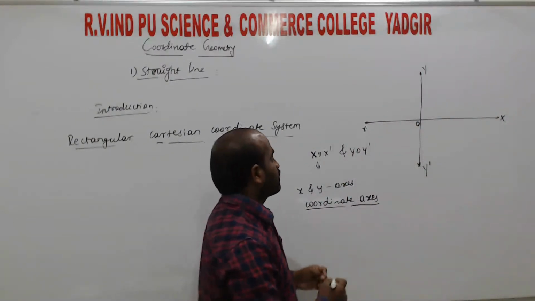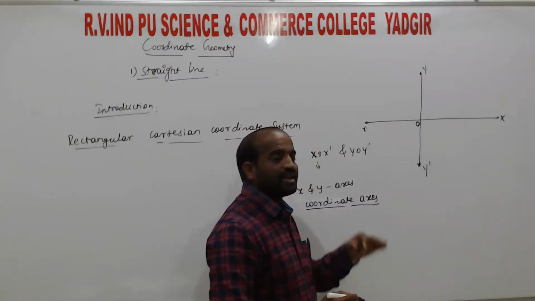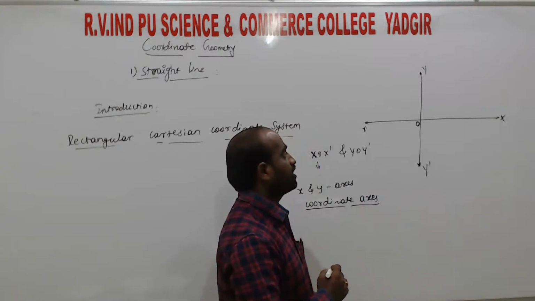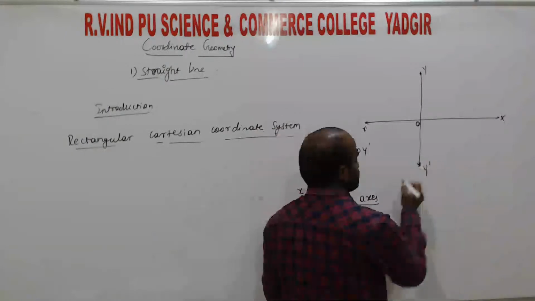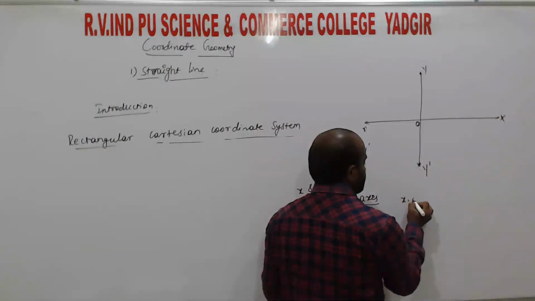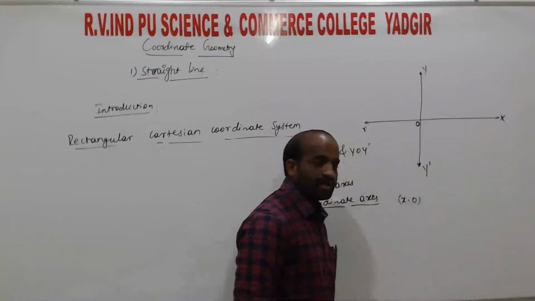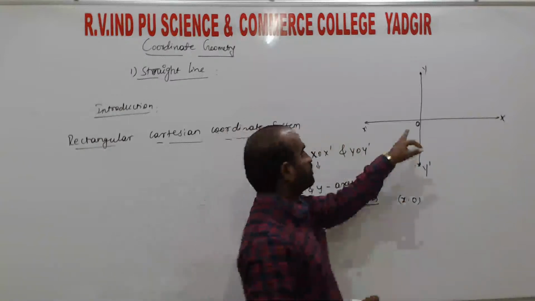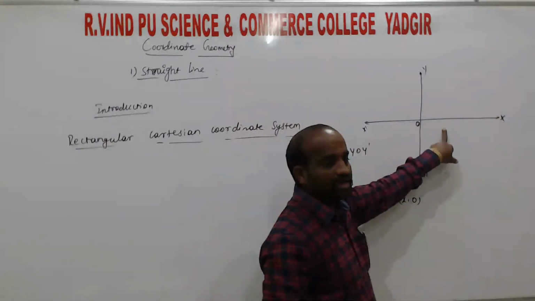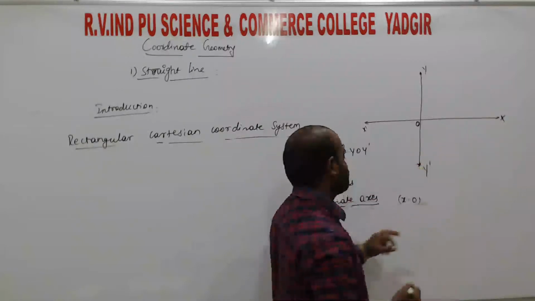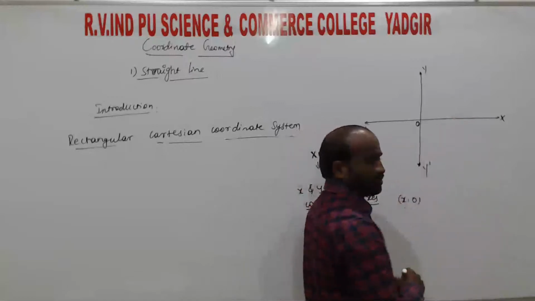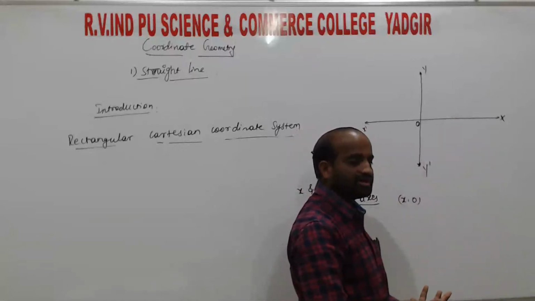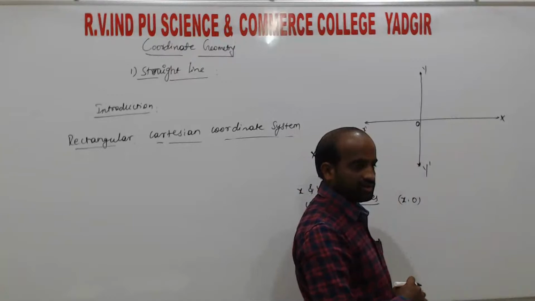The coordinates of any point on the x-axis are of the form x comma 0. In the x-axis, the y coordinate is 0.